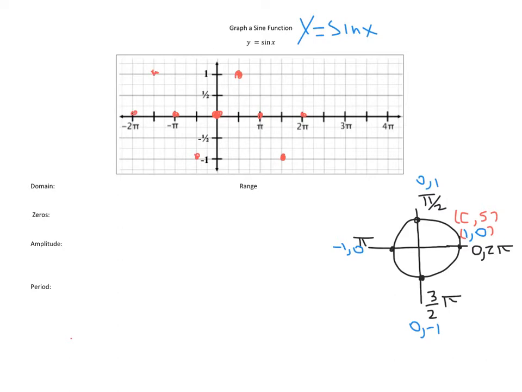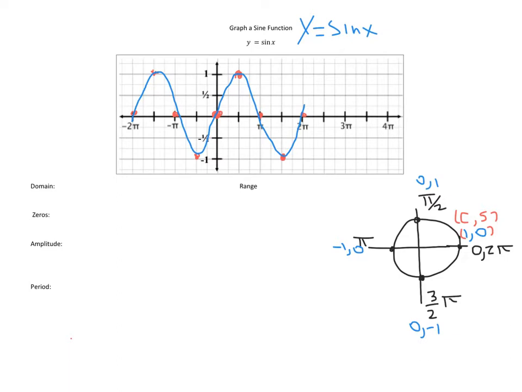And then the next thing is just to connect those points with a smooth curve. And remember, it just keeps going.